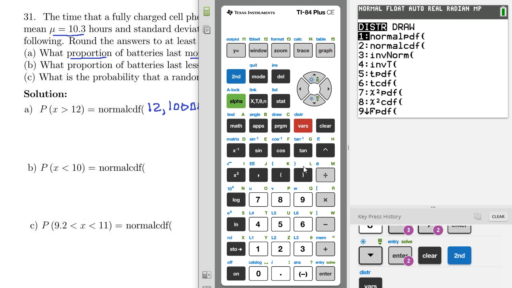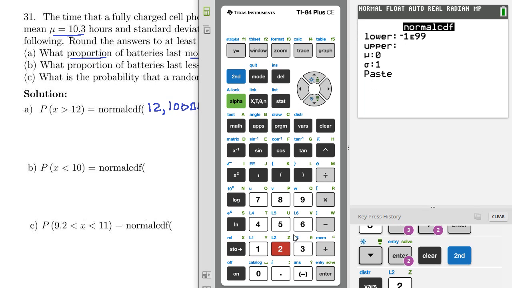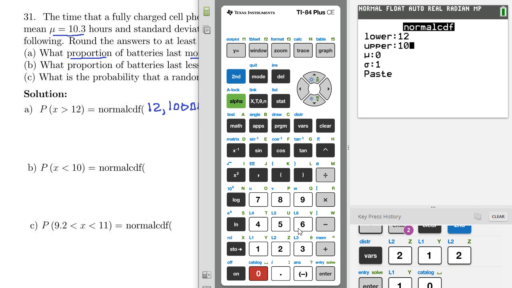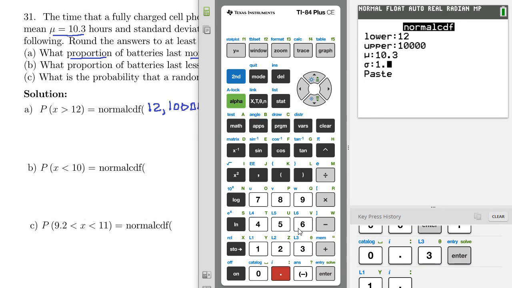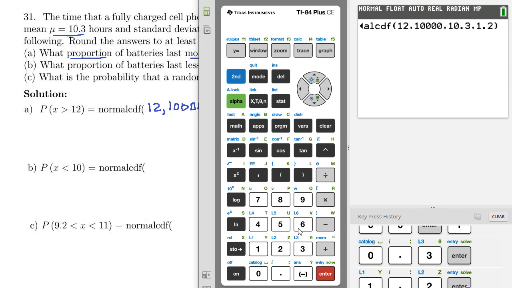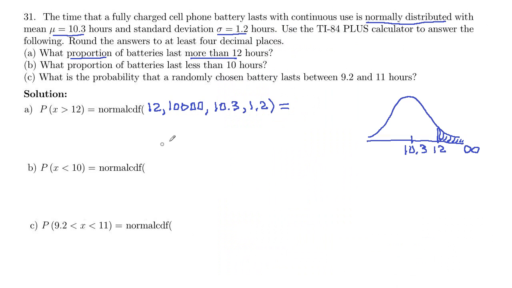So second variables, 2 for normal CDF, 12 is our lower, upper bound 10,000, mean 10.3, sigma 1.2, 0.0783. So this area, which is the proportion of data, is 0.0783.